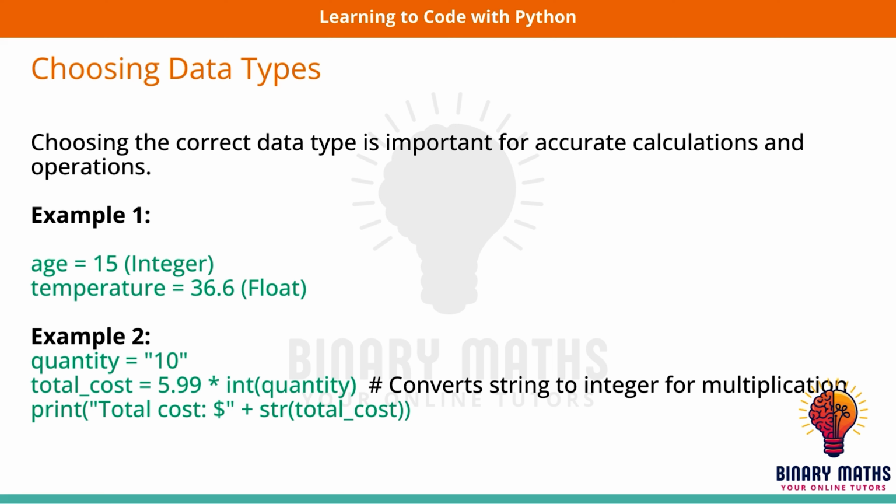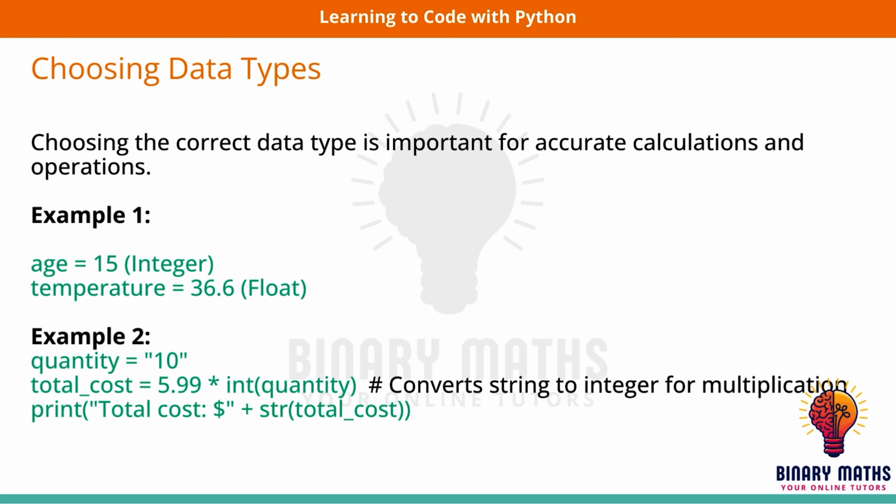So at the moment the quantity is 10, so 5.99 times quantity, so 5.99 times 10, this would convert the string to integer for multiplication. So as we mentioned before, if you were to perform calculations, there will always have to be a number. You can't perform calculations on strings or any other type of value.